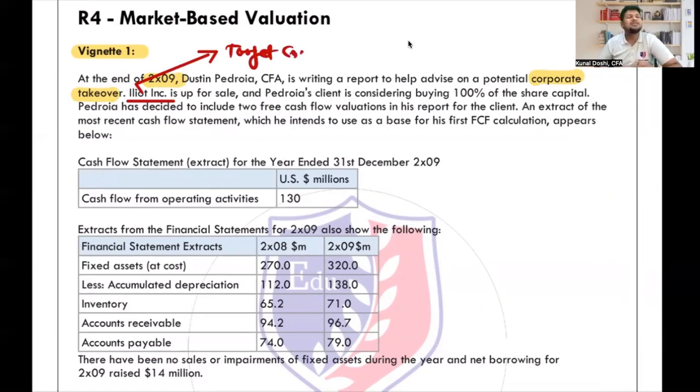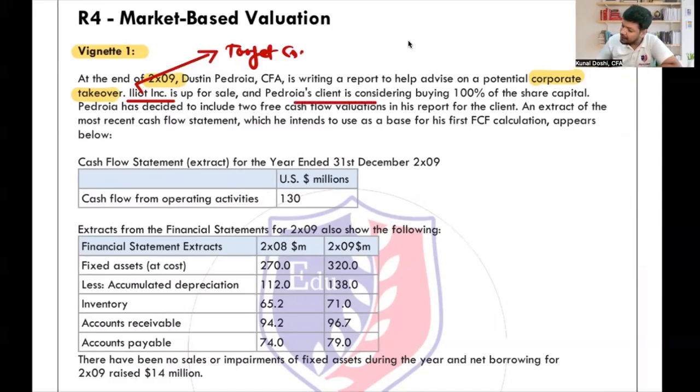When I was a student, I used to get confused between a company's name and a person's name, because English is not the first language for most of us. In a hurry, I used to wonder, oh, is Elliott a person? No, no. Then I realized, Elliott Inc. is a company.